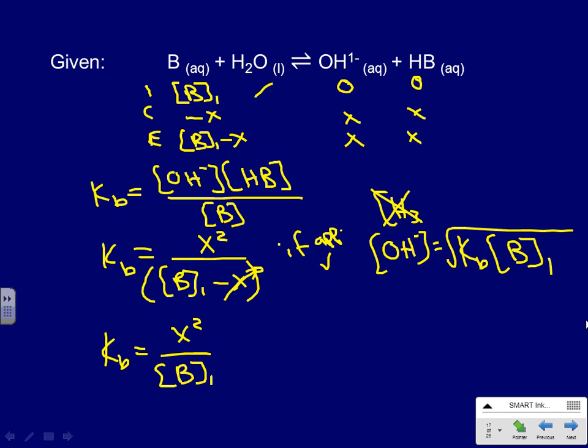And again, if the approximation is no good, we need to keep that equation there and do a quadratic to solve it. So really nothing new here, except we're dealing with OHs today, and we're going to have to subtract from 14 to get the pH.